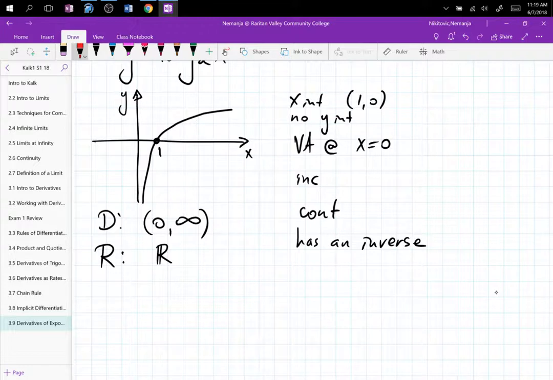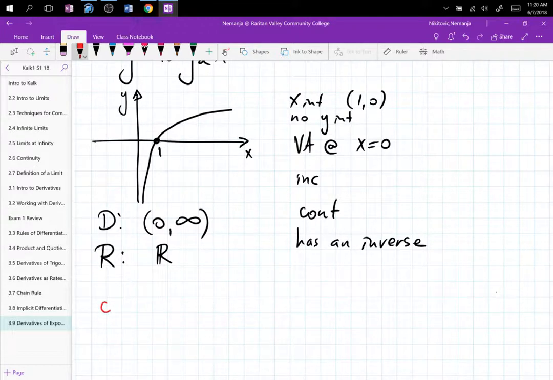First of all, this is not going to be useful for us in this class, but the most important thing for logs is that it's the inverse of the exponential function. So what we know as a conversion formula, you might use it this semester to solve some equations, but we are not using this to take any derivatives or integrals or anything like that.